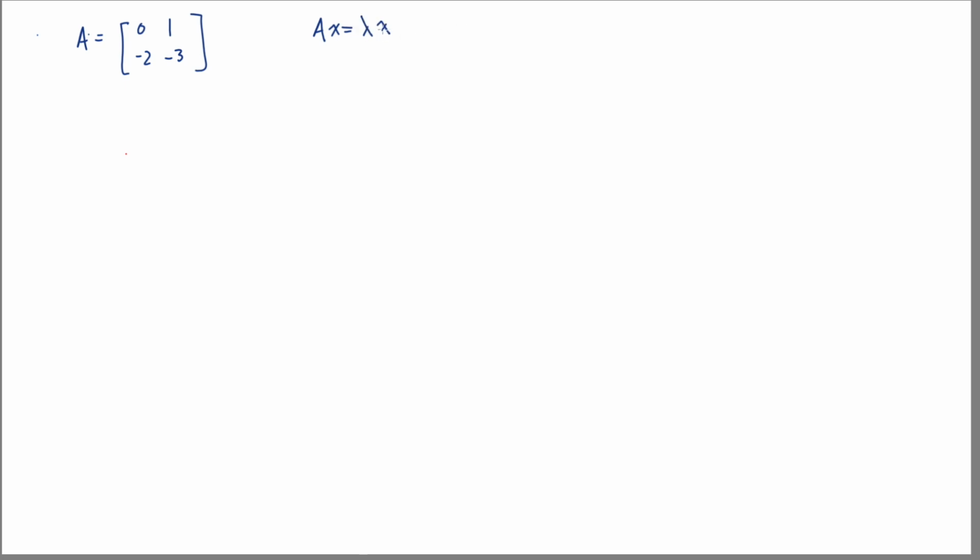So we know that we need to find an eigenvector and an eigenvalue such that this is satisfied. Okay, and usually the way we do this is we rewrite this as Ax minus lambda x equals 0, which is the same as writing (A minus lambda times the identity) x equals 0. Okay, so you can see from here to here, all I'm doing is just taking the x in common.